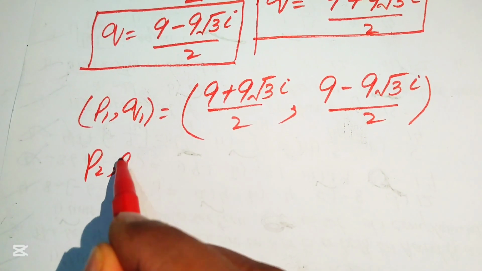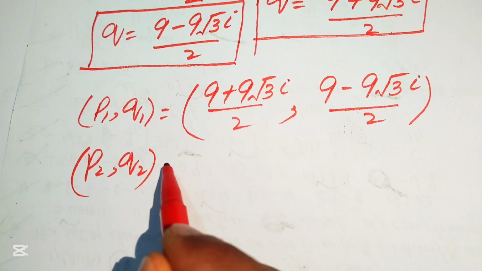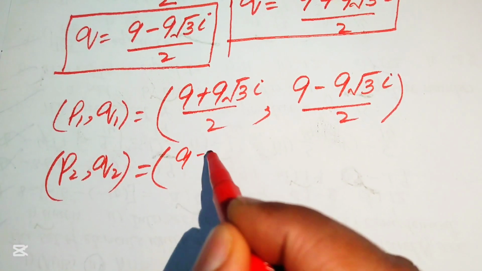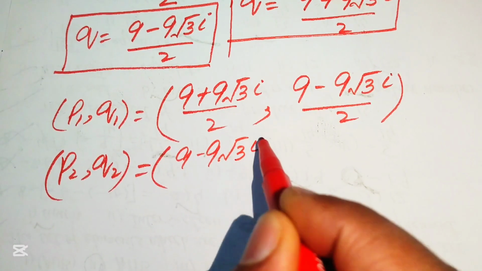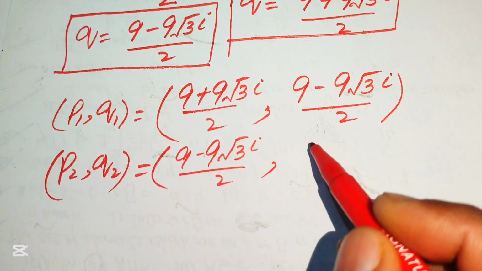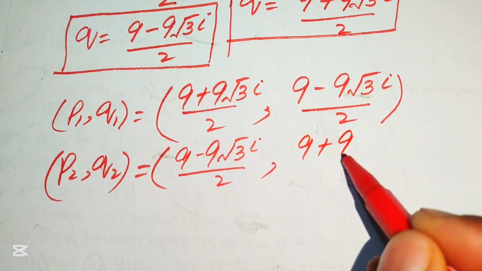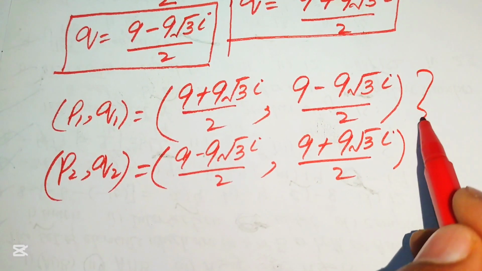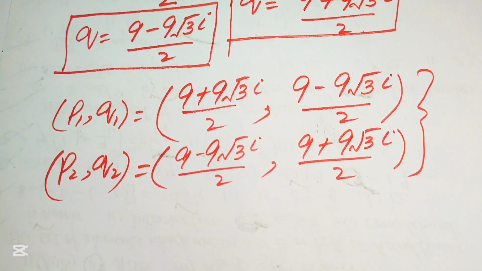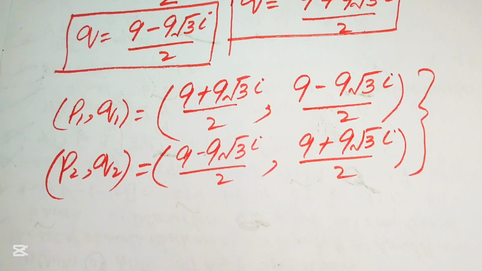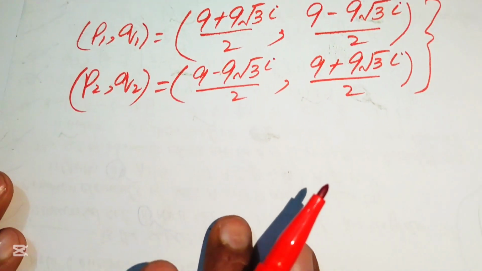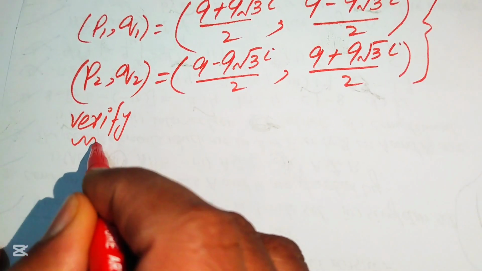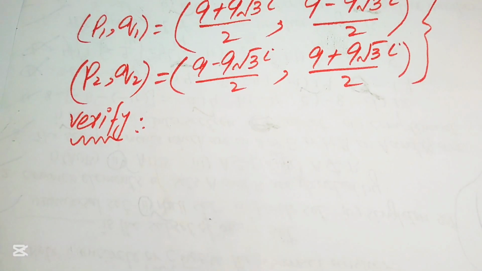Similarly, the second root is p2 = (9 − 9√3 i)/2 and q2 = (9 + 9√3 i)/2. These are the two solutions of the given equation, and now we need to verify them. To verify, I can verify one solution and leave the second solution up to you.